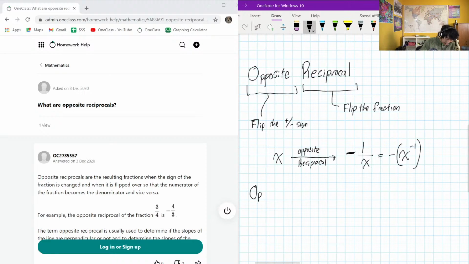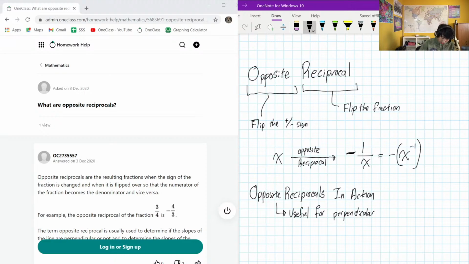Opposite reciprocals are useful in action. They are useful when we are looking for perpendicular lines.